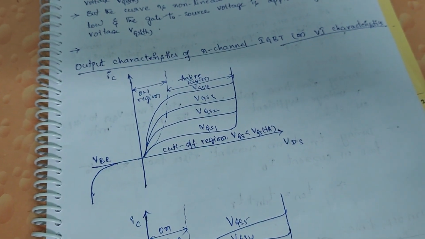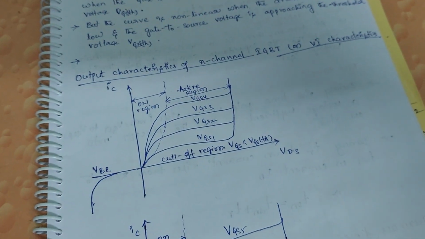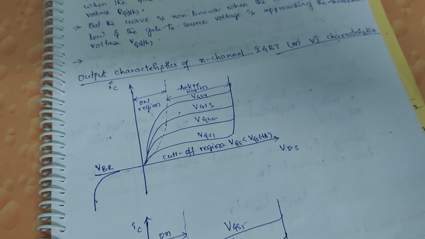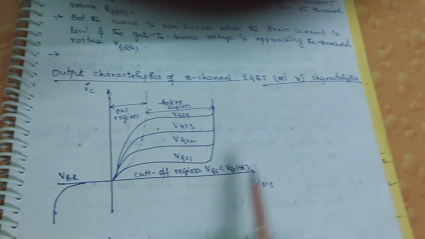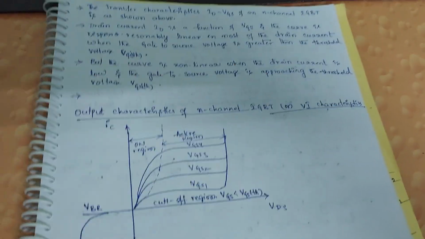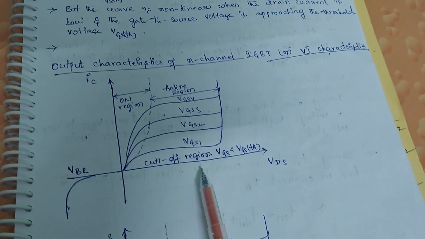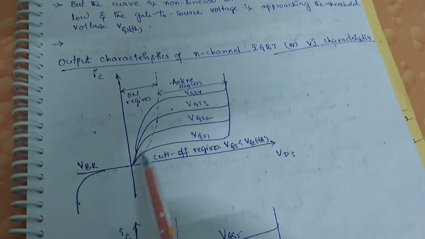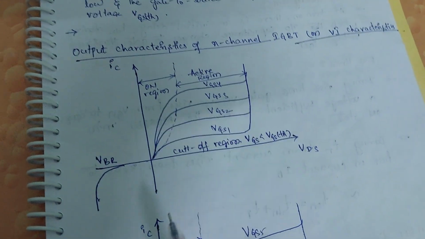Coming to the VI characteristics, we have three regions. One is the cutoff region, when the gate voltage is less than the gate threshold voltage. Then there is the on state region, and then the active region.